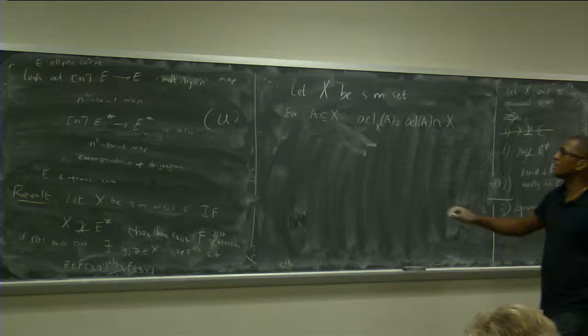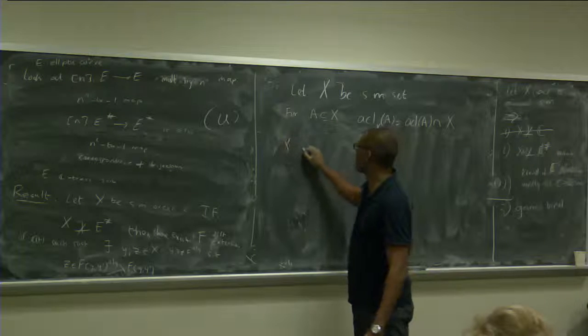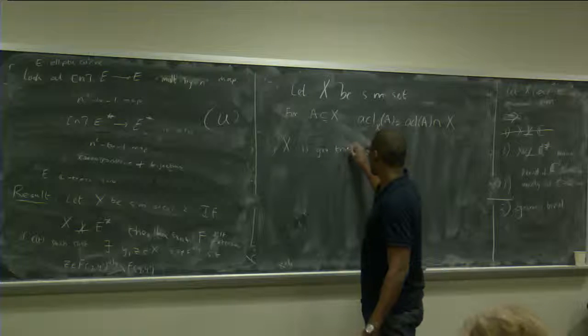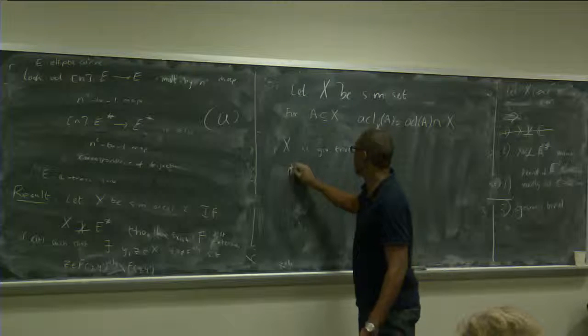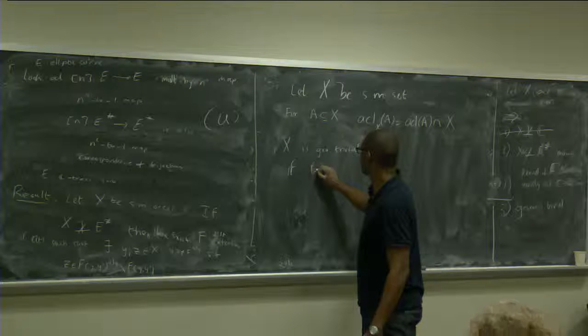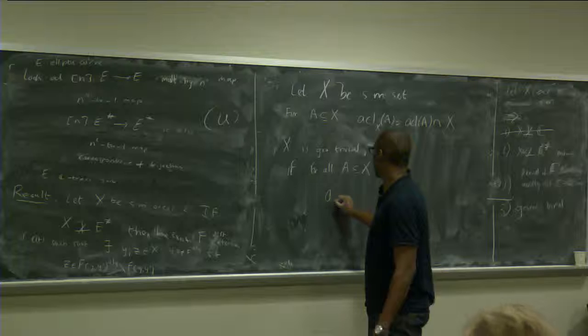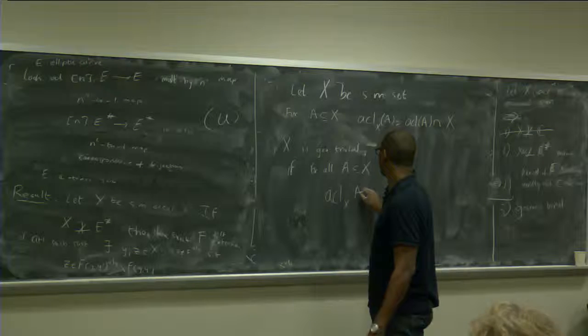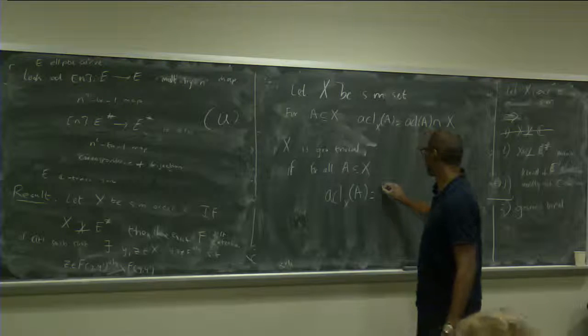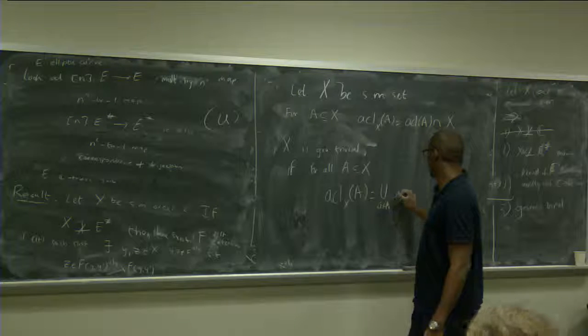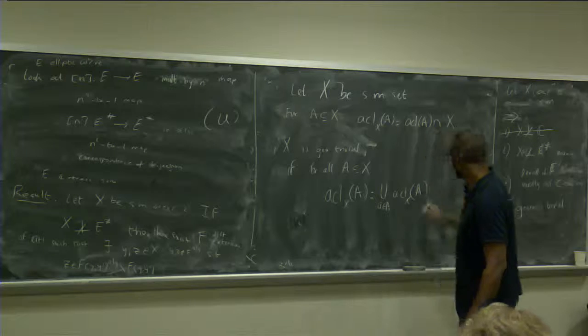And so X is geometrically trivial if for all A, the algebraic closure of A is the union, over a in A, of the algebraic closure of a.